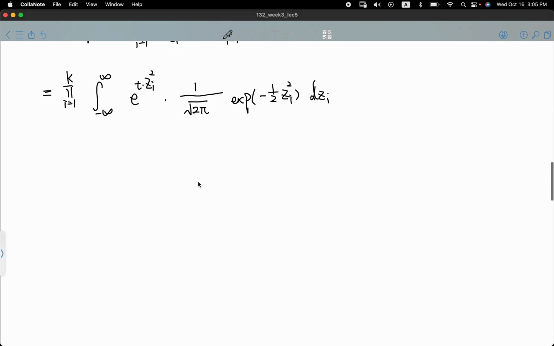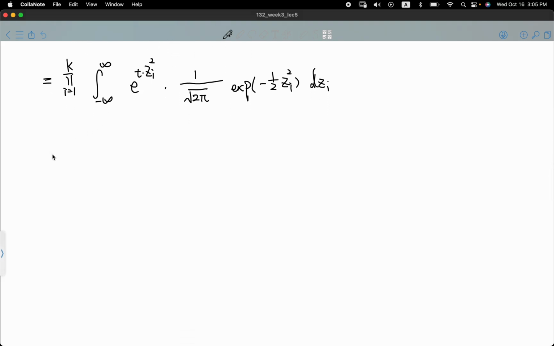Okay, so now let's simplify this formula. Here we still have the product from 1 to k, and then I'm going to take the integral. I'm going to leave some space in here for now, and then we will have 1 over 2 pi. And then I'm going to group the two exponential terms here and write it in the following way.